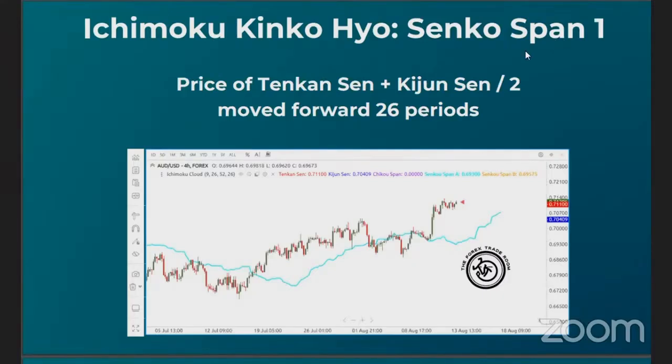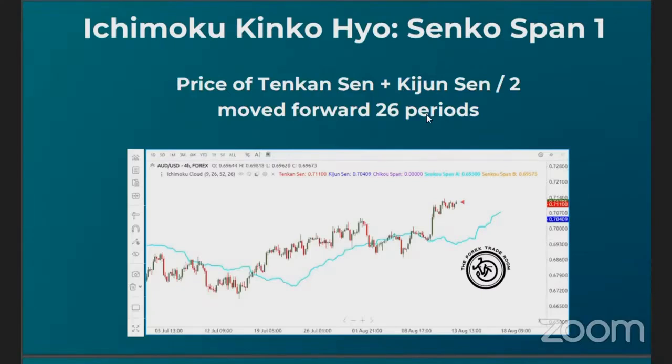What it does is it takes the price of the Tenkan-sen, that calculation we started out with, plus the Kijun-sen, and divides it by 2. And this is the coolest thing, this is my favorite part: it moves it 26 periods forward.